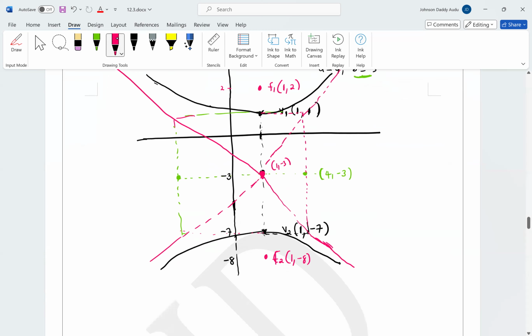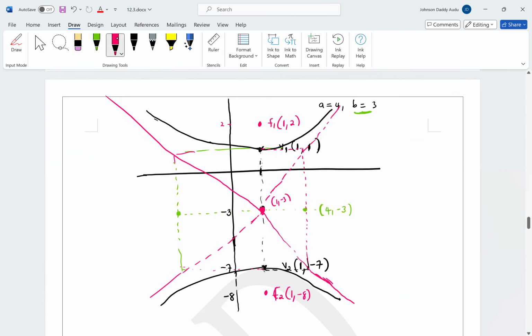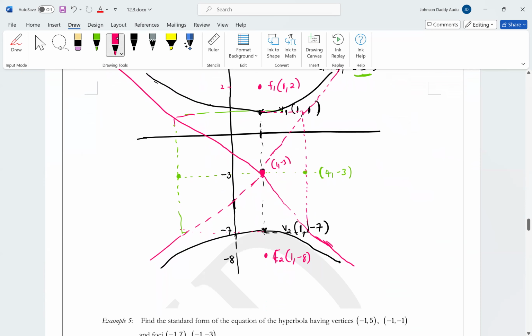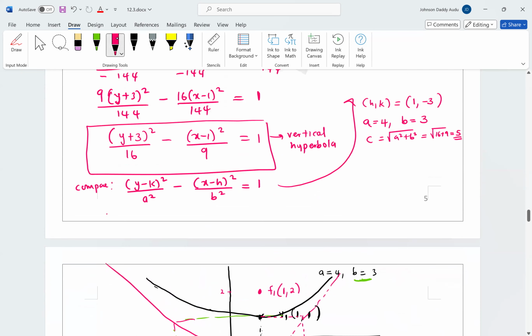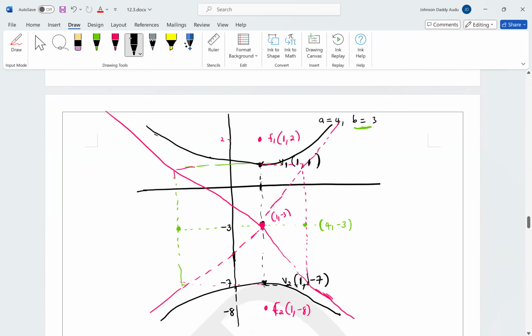All right, done. Now we can find every other thing you want to find using the formula. So let's just write down these parameters here by the side. The center is (h, k), and we know that that is (1, -3).